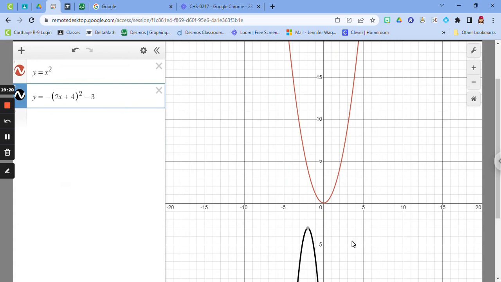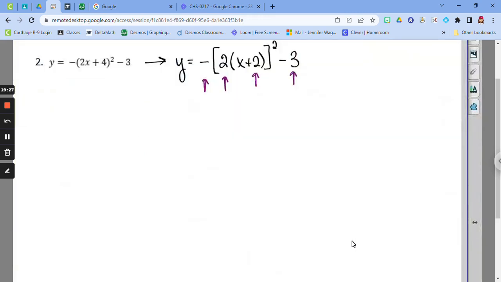And down 3. Okay. So we have a reflection over the x-axis. We have 2 units left, 3 units down.